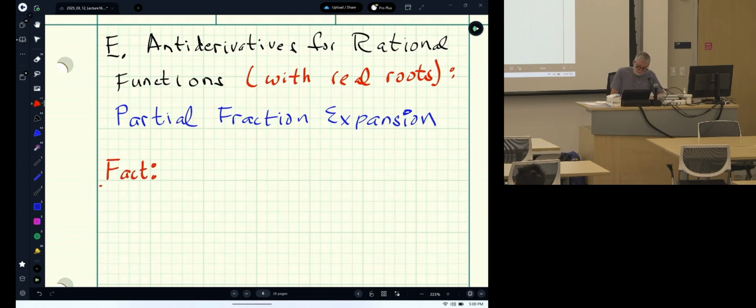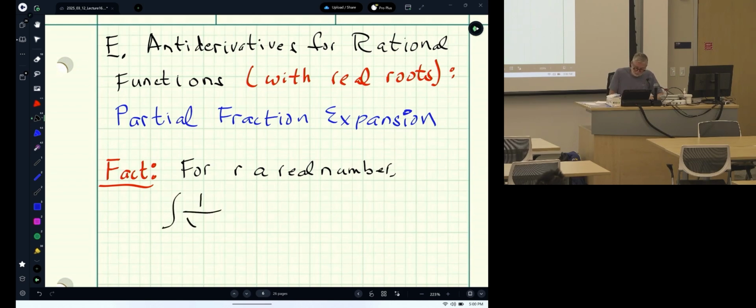here's the fact that we have going for us. For r a real number, the antiderivative of 1 over x plus r dx is log absolute value of x plus r plus the famous constant. In fact, let me write this as plus or minus because it doesn't really matter. r could be positive or negative.